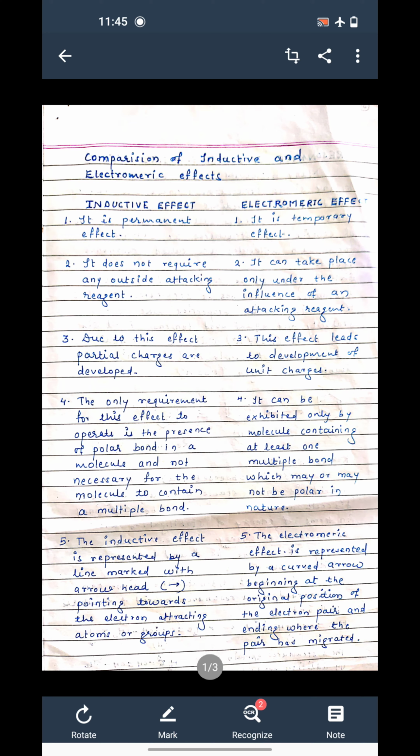But in the case of the electromeric effect, the molecule must contain at least one multiple bond. The inductive effect is represented by a line marked with an arrowhead, while the electromeric effect is represented by a curved arrow. So these are the differences between the inductive and electromeric effects.